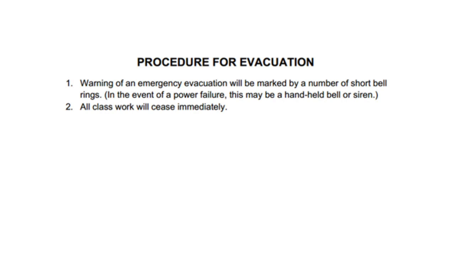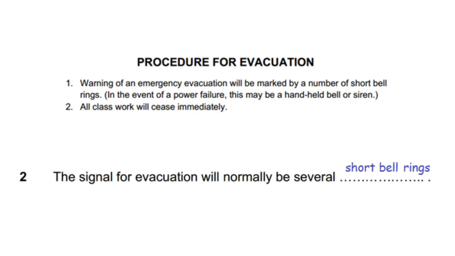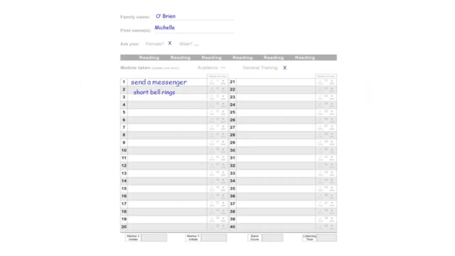Number 1, warning of an emergency evacuation will be marked by number of short bell rings. In the event of a power failure, this may be a handheld bell or siren. We can see that the missing words are short bell rings. Again, quickly go to your answer sheet and write short bell rings for the second answer.